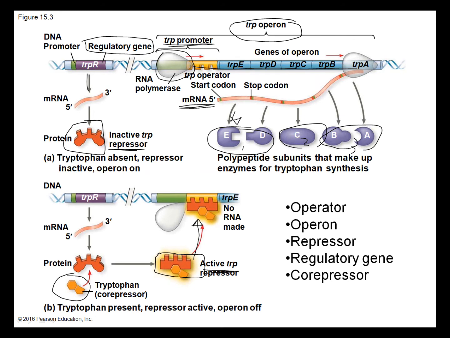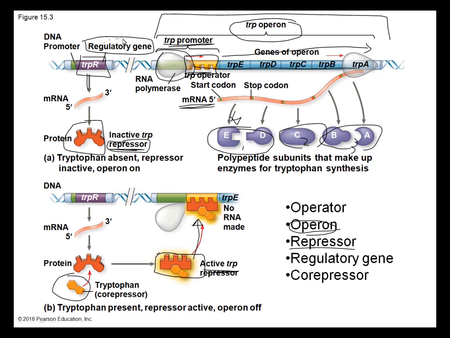So let's reiterate the important concepts. The operator is the stretch of DNA sequence in front of those many genes. The operon is this large unit of DNA that includes the operator, promoter, and the multiple genes. The repressor is the gene product of the regulatory gene. In this case, it's TRPR.